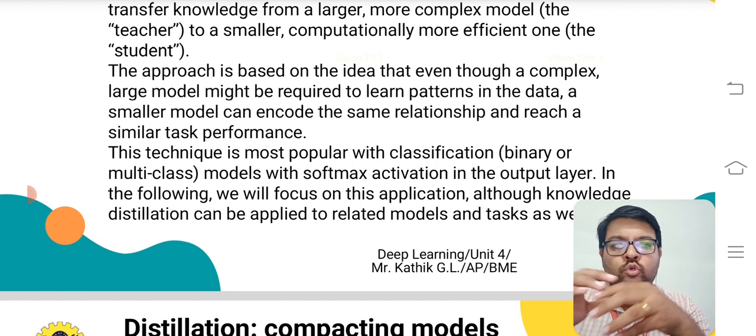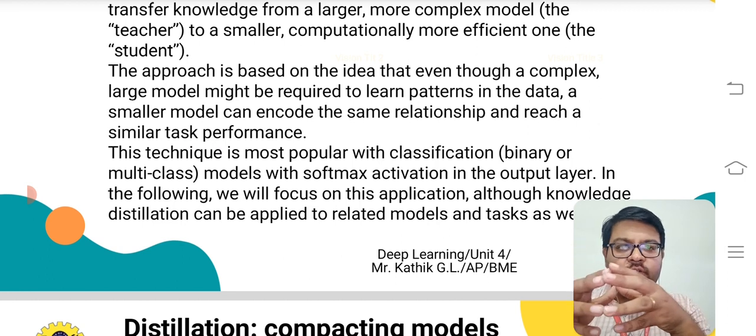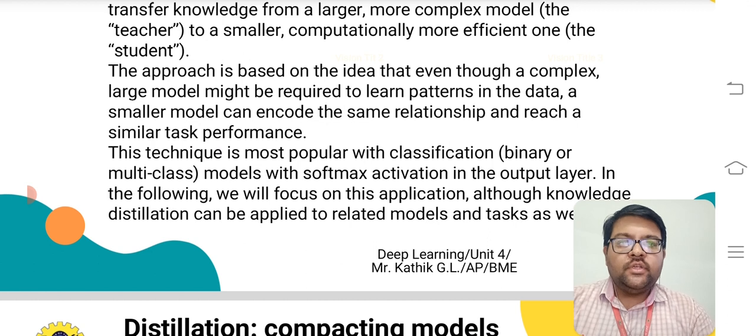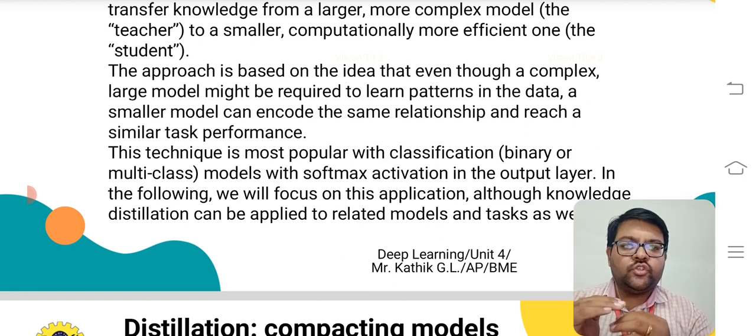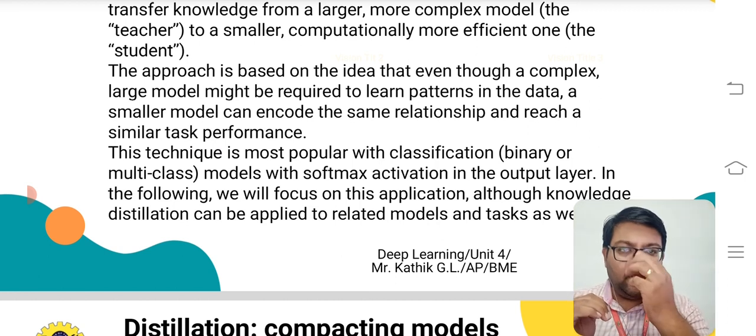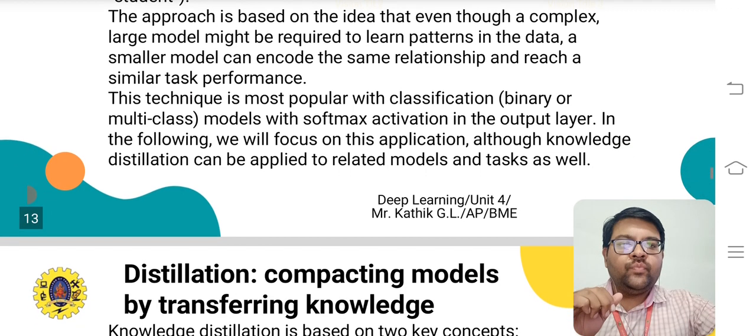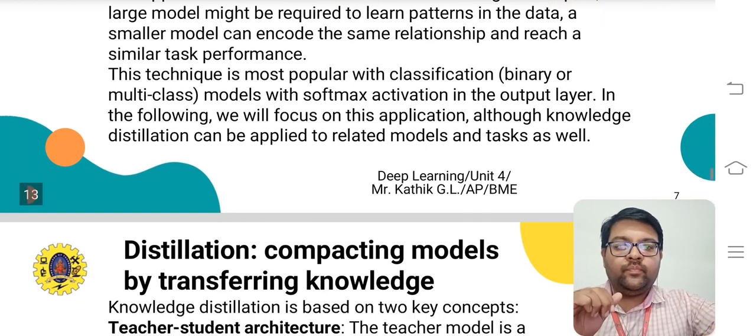This technique is most popular with classification, that is binary or multi-class models with softmax activation in the output layer. In the following, we will focus on this application, although knowledge distillation can be applied to related models and tasks as well.